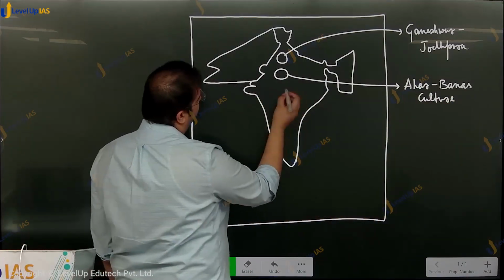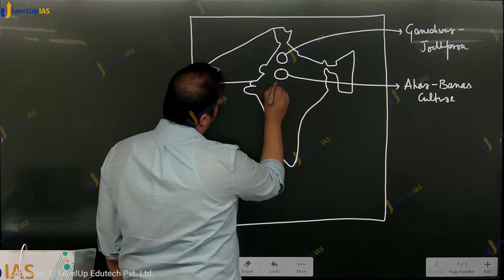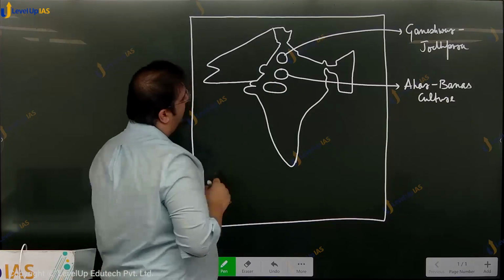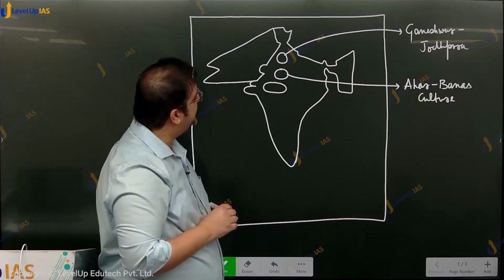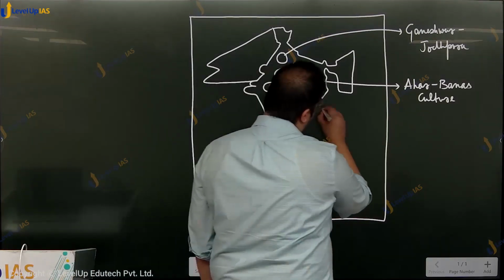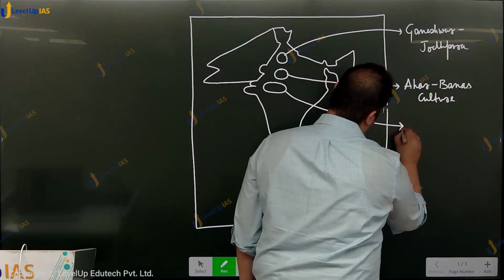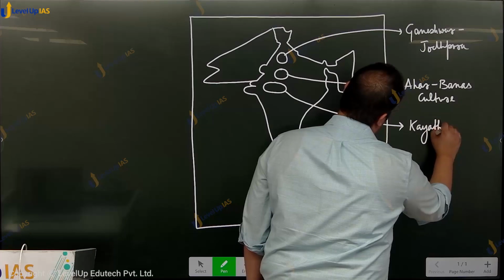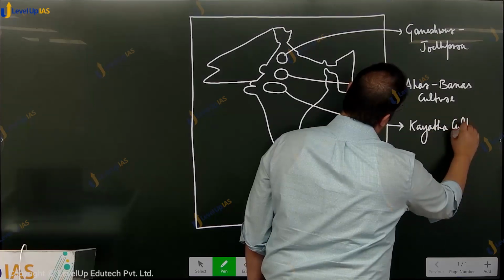Then further towards the south, in the valley of the Chambal river, around the type site of Kayatha, present day Ujjain, the Kayatha culture flourished.